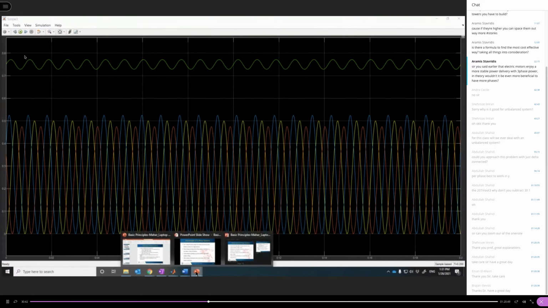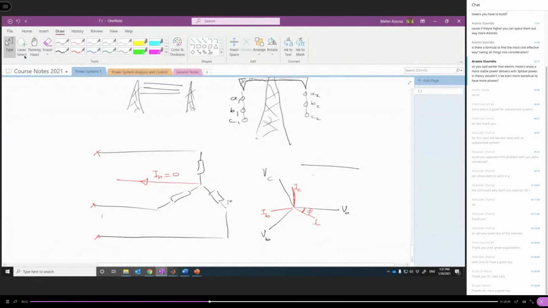So we need to have the neutral wire, and we need to size it to make sure that we don't have any problems. Because if we don't connect this neutral wire, then we will have this point floating. The neutral point will have a floating voltage. Ideally, the voltage of this neutral point is 0.